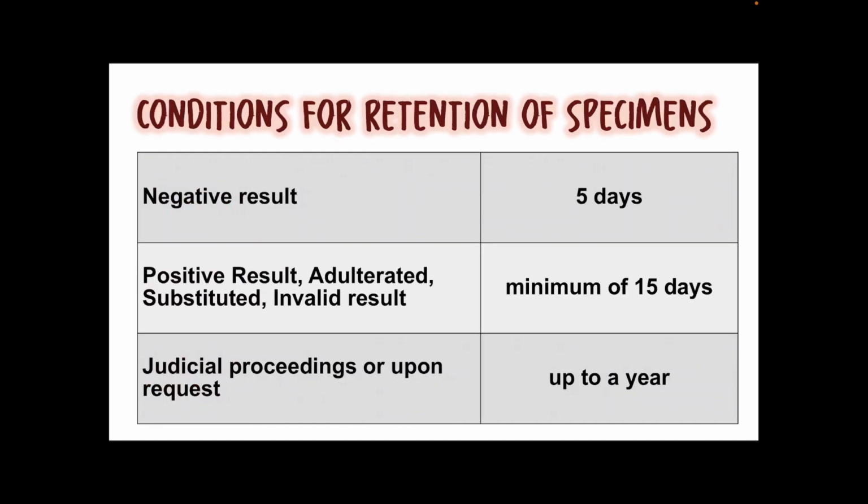And also this one, conditions for retention of specimen. So it's 5 days if the results are negative, a minimum of 15 days for positive results or for results which are adulterated, substituted, or invalid, and up to a year for judicial proceedings or upon request from the court.